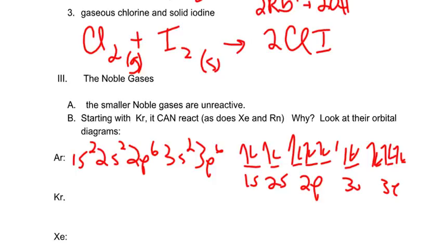Why can't argon react? Well, what's there that I didn't put in? What is also in the third shell, if you will, that I didn't put in there, that right now is being very unoccupied, and that is your 3d. It's there, but it's not being used. I have an empty 3d orbital that I can still use.